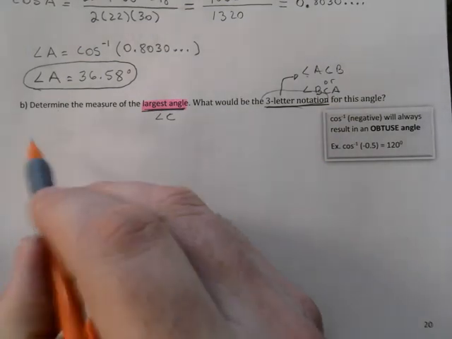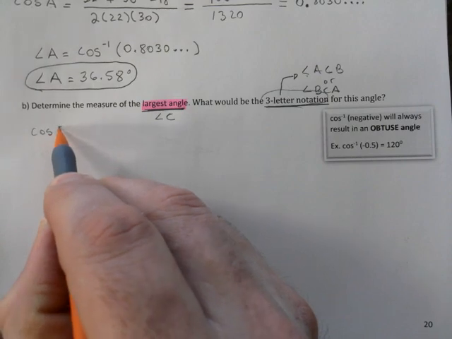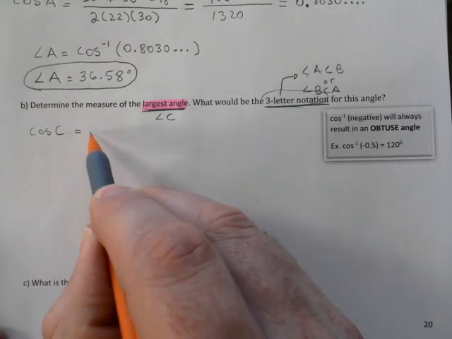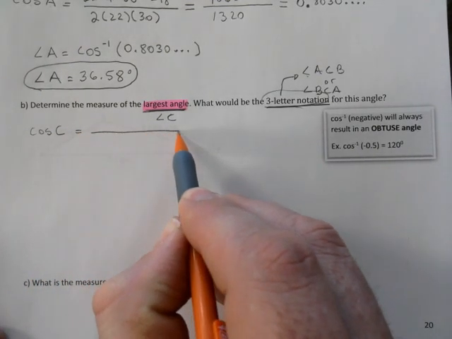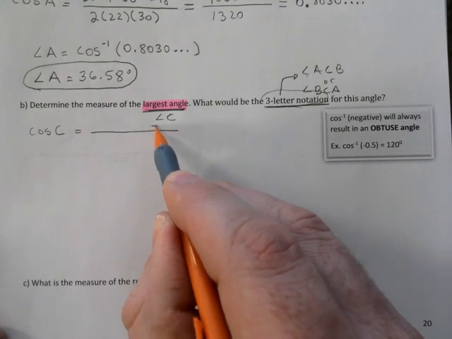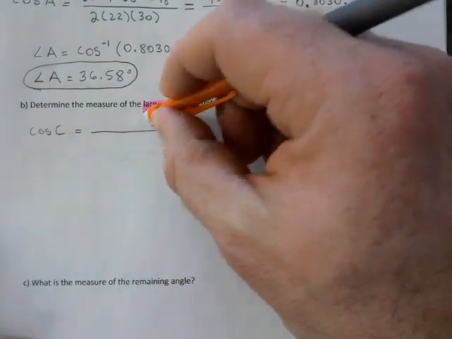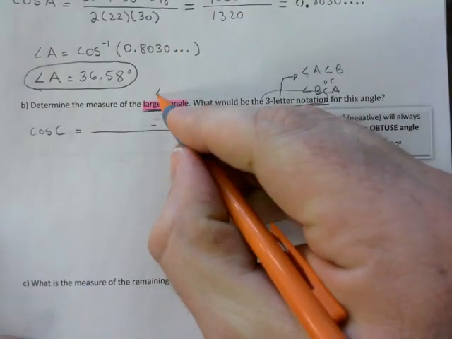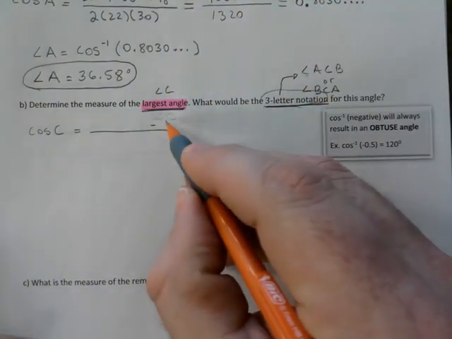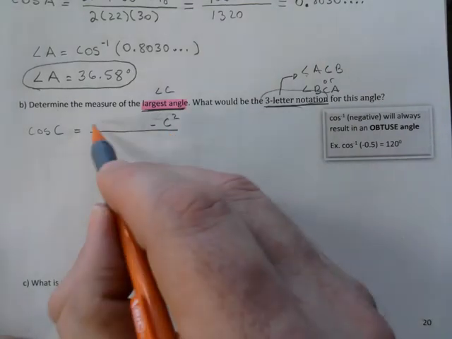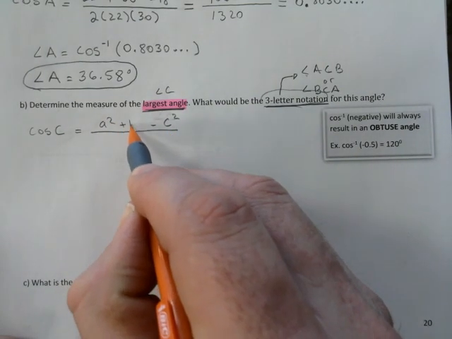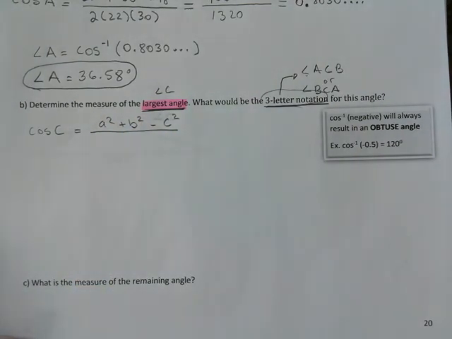Very important. So cosine of C is equal to, what's the first number we're writing down? Minus, oh man, this is going to cause me issues. So sorry guys, I'm going to put that over top here. So C squared comes here. Therefore, I'm going to square and add the other two sides.